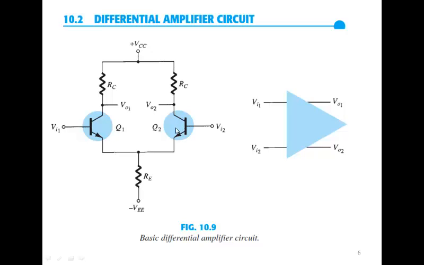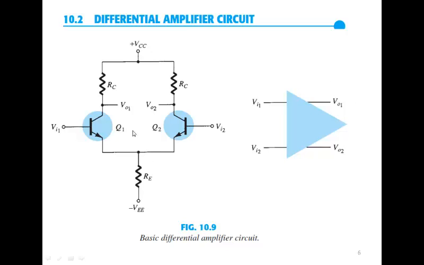The two inputs go to the input of the amplifier, and they are basically at the bases of these transistors. These are the inputs of the amplifier, and these are the two outputs of the differential amplifier.